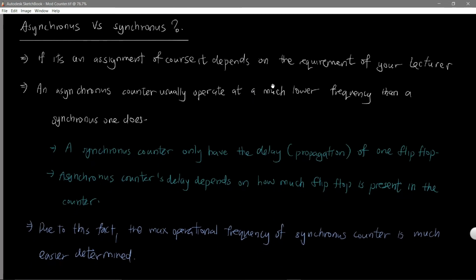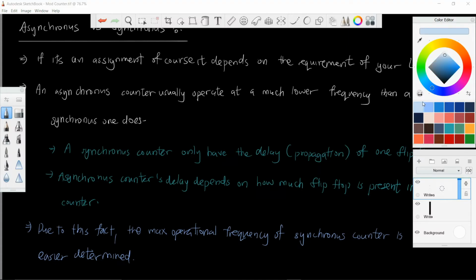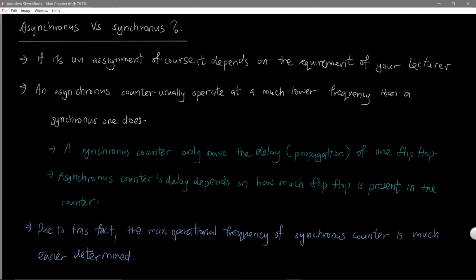The next thing, will you choose asynchronous or synchronous? Well, if it's an assignment you are doing, it depends on what your lecturer asks, but both of them have their own merits. An asynchronous counter is easier in design, but it works at a lower frequency.